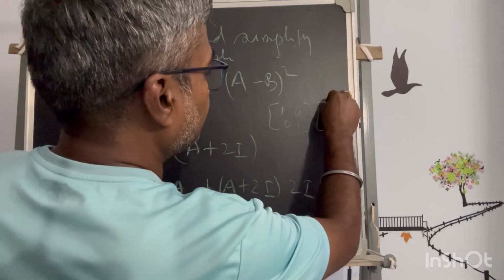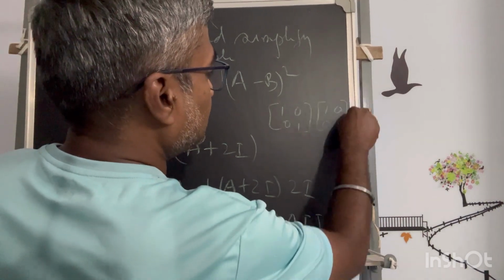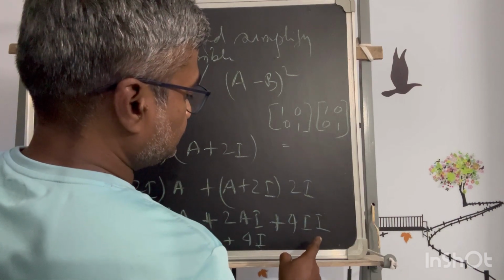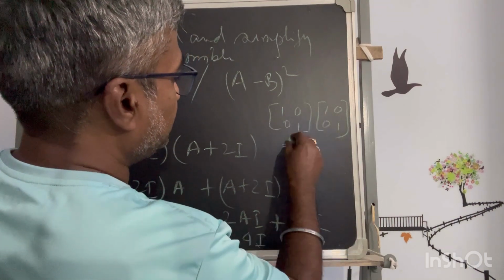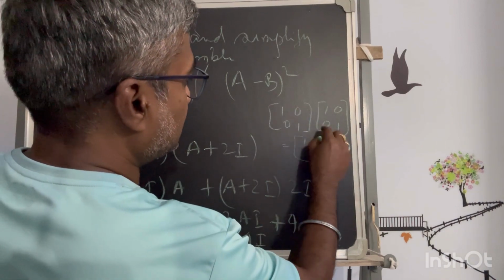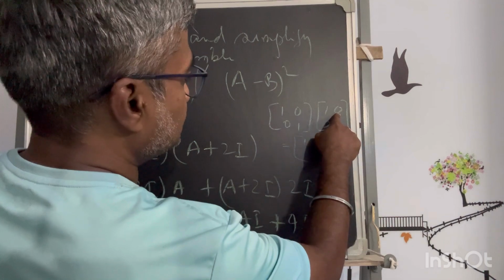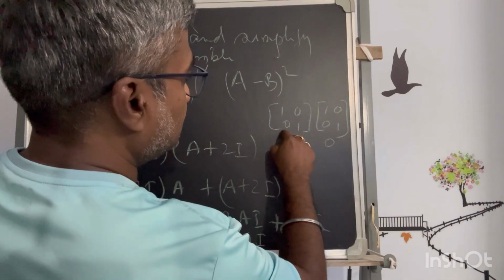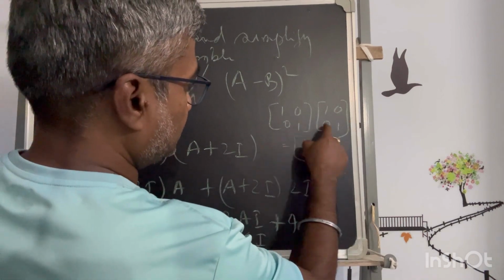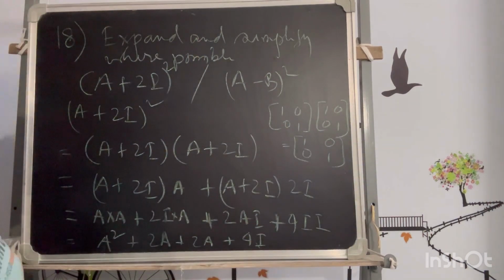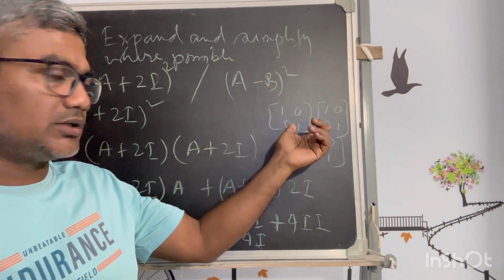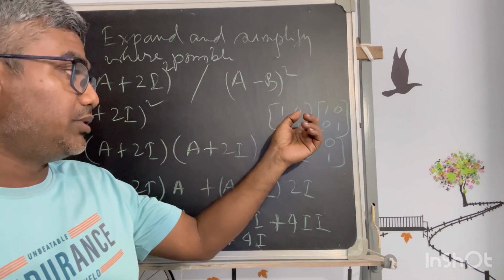Now if we multiply the same matrix with itself, see the result: 1 into 1, 1; 0 into 0, 0, so that means 0; 1 into 0, 0; 0 into 1, 0. So you will find I into I, where I am taking an order of 2 into 2, for simpler calculation.